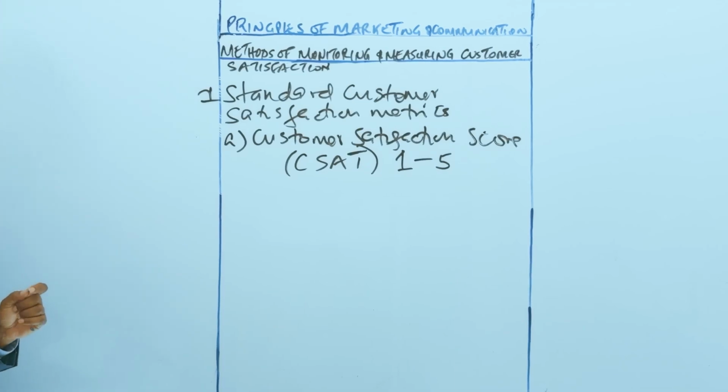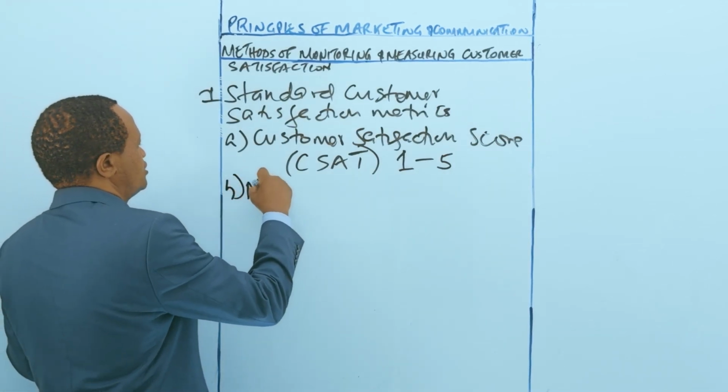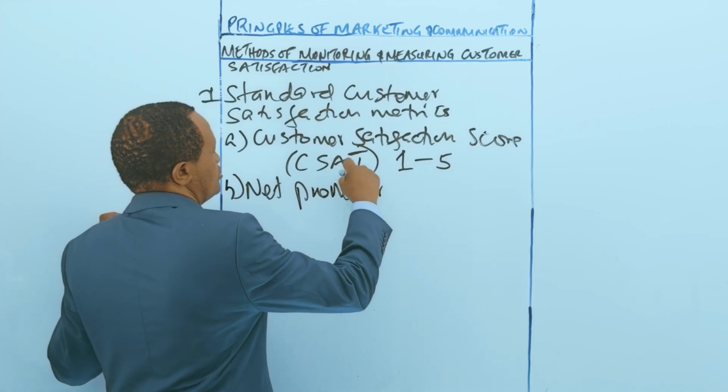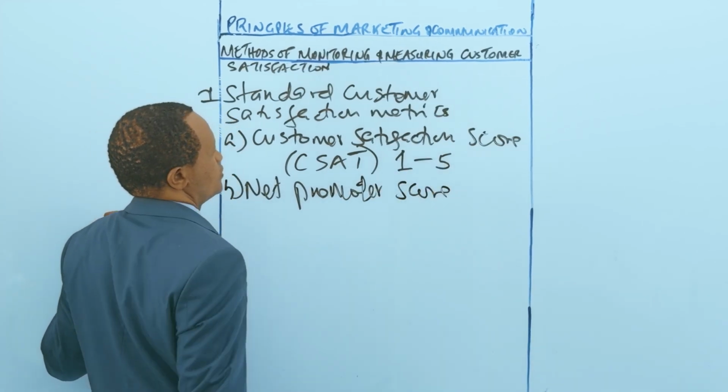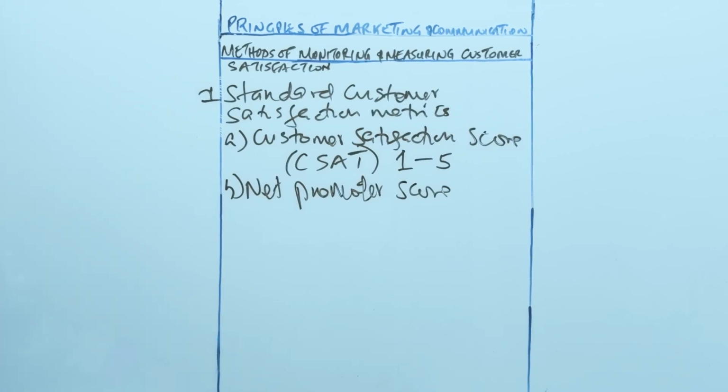Understand? Then we have the net promoter score. The net promoter score is another metric that we can use.